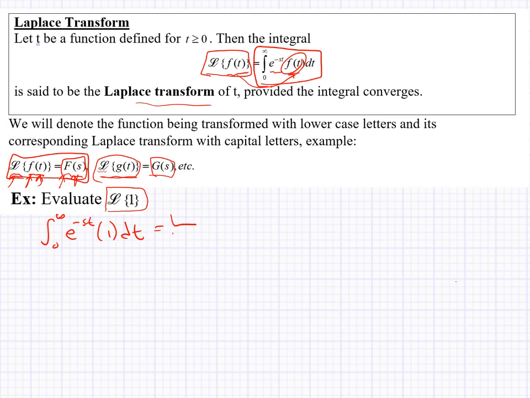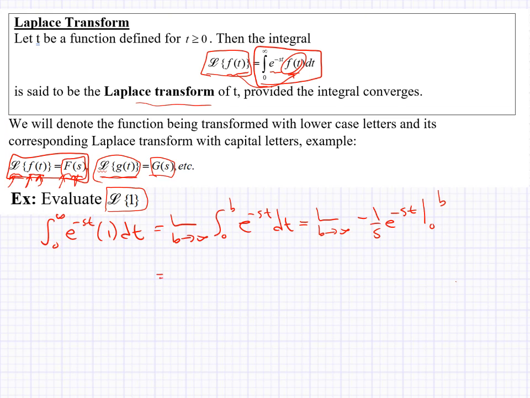So we'll do the limit as b goes to infinity of the integral from 0 to b of e to the negative st dt. We're going to integrate with respect to t, so that means we're going to hold s constant. So we have the limit as b goes to infinity of the integral with respect to t, which would be negative 1 over s e to the negative st between 0 and b.